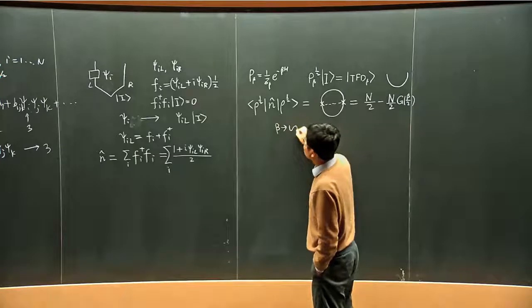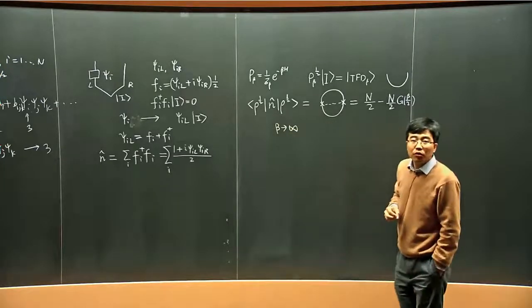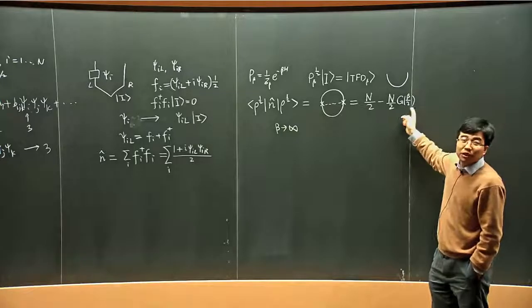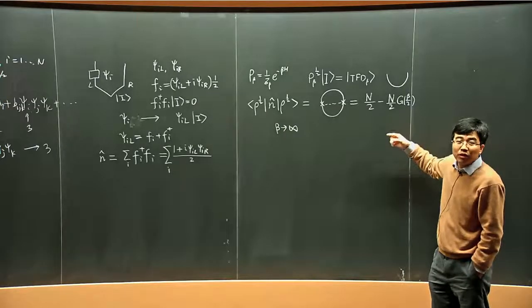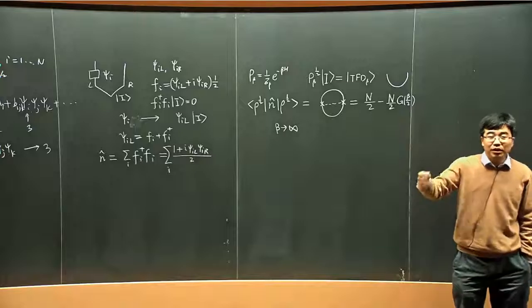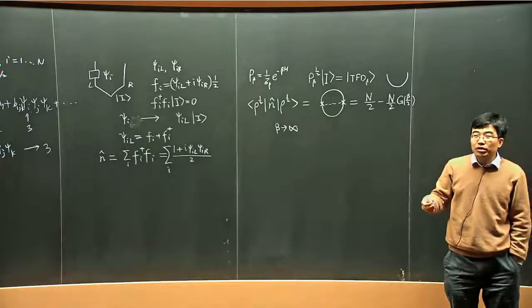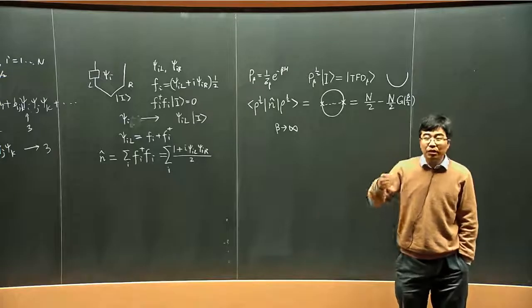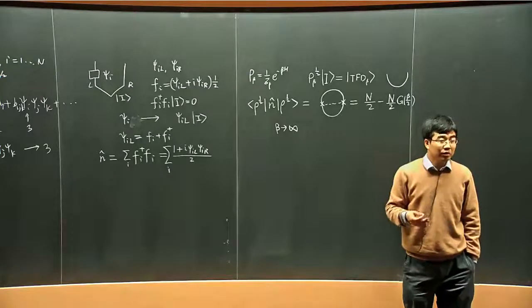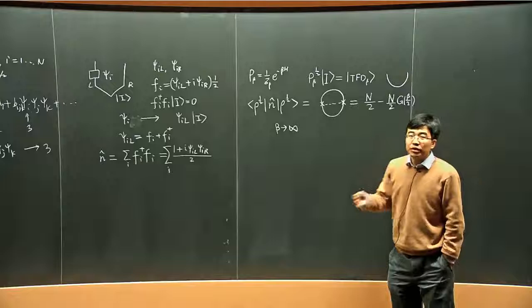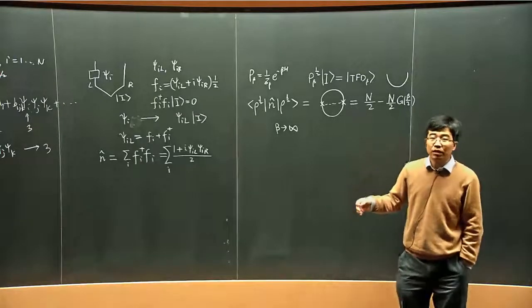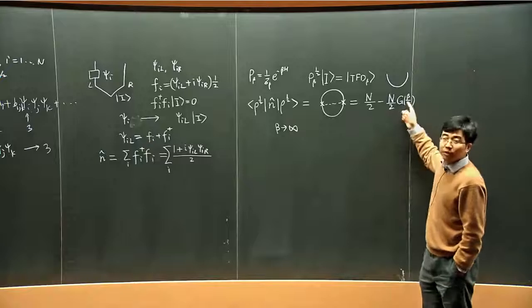But when beta goes to infinity, we know most systems have G(beta/2) going to 0. For example, if you have only one ground state and there is a gap, then you are trying to excite something from the ground state, and the correlation function decays exponentially in imaginary time, so it should go to 0. If it's a CFT, we know the form of the 2-point function. It also decays with beta.